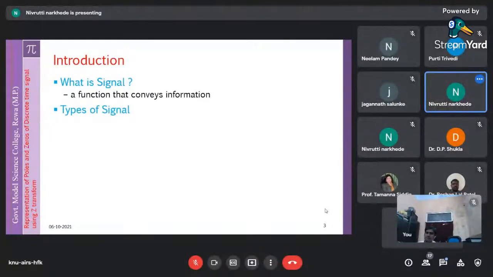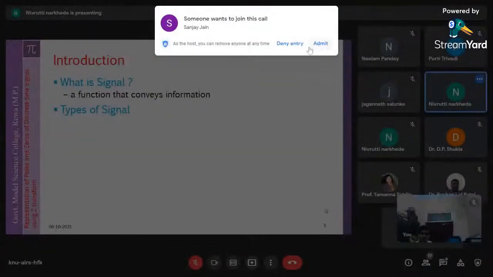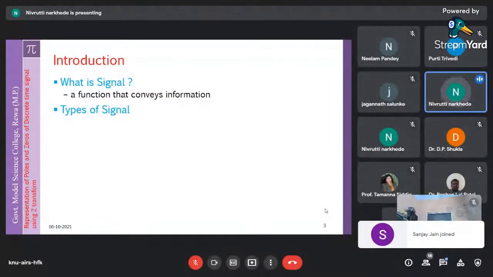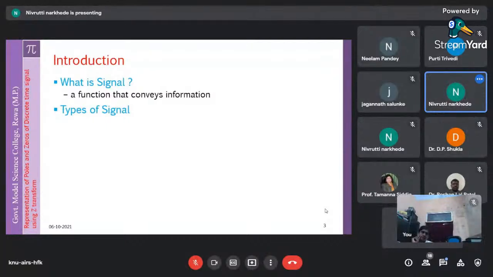Just for example, I have told you that I am here at Faizpur and you are hearing me from every corner of India. That is only through the passing of information. For example, speech, voice, sound, temperature and pressure, heartbeats, image, sensor, radio and television signals, etc.